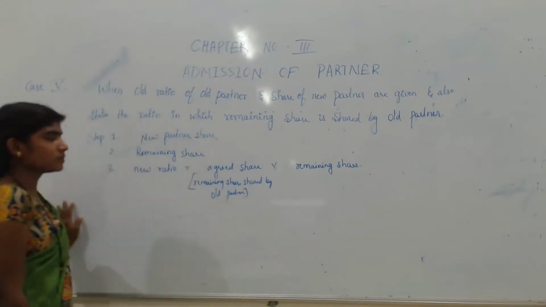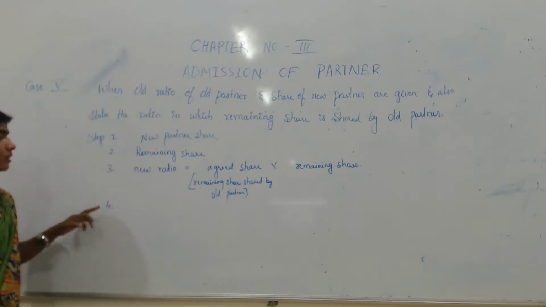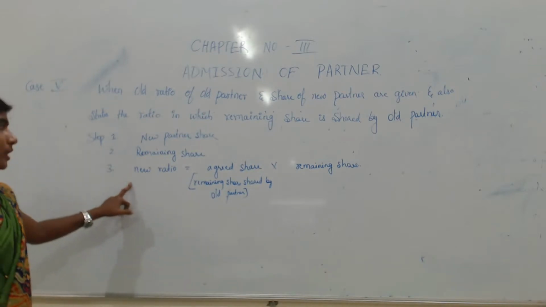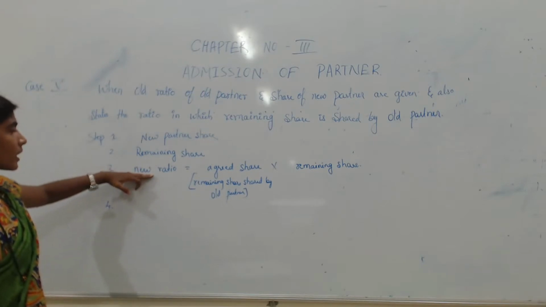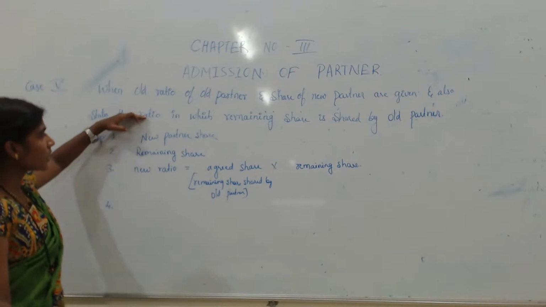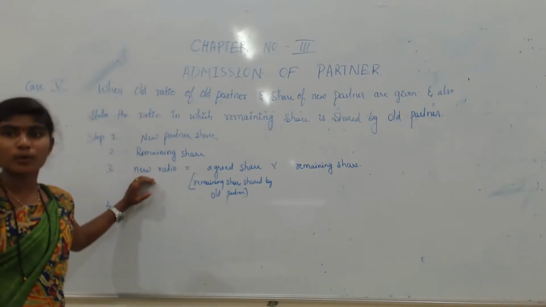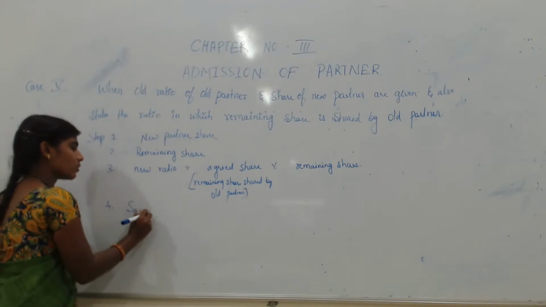After that, there is 4 steps. One more. After you calculate the new ratio, if there is an old ratio and a new ratio, then what is the formula for calculating the sacrifice ratio?